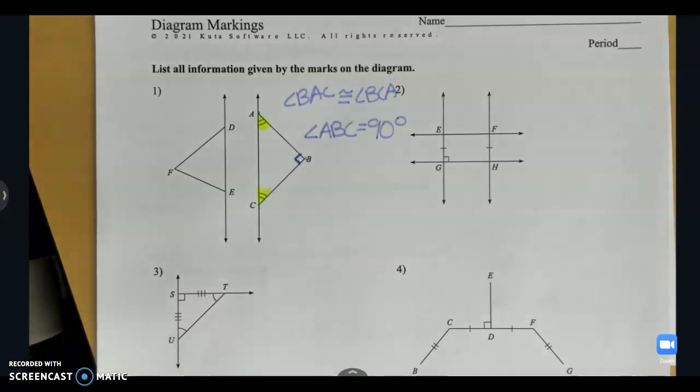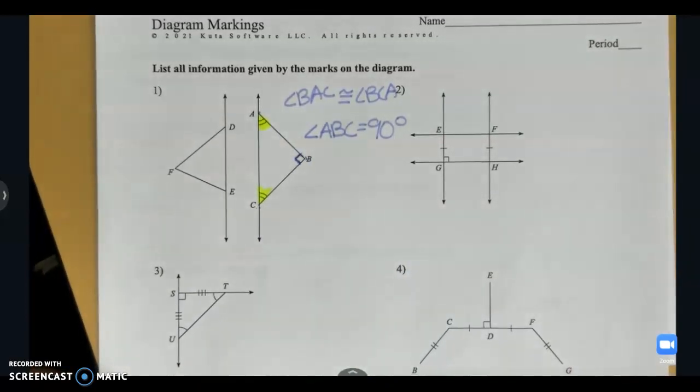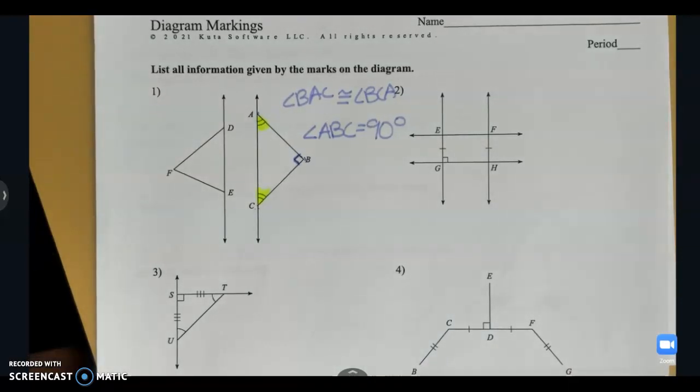Now think back to last week, the day before the test. We learned one new word to describe line segments or lines. If AB and BC form a right angle, what kind of lines are they? Complementary would be 2 angles that add to 90 degrees.